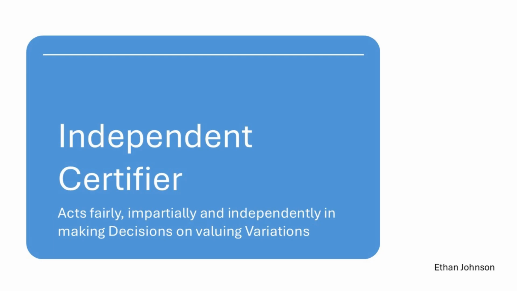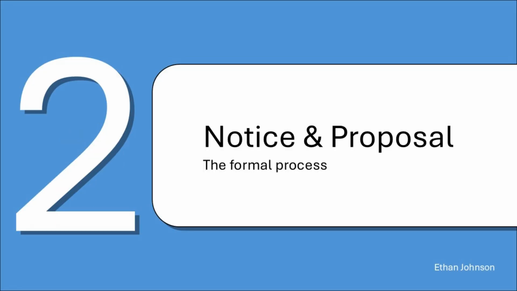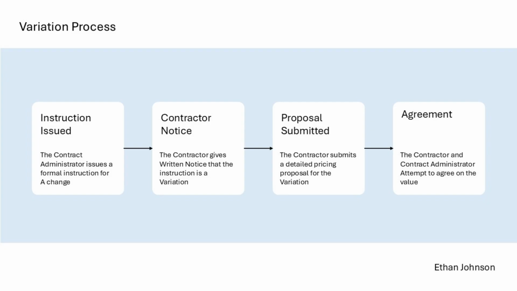So, we know who the players are. Let's move on to the first actual step in the process. When a change happens, you can't just start pricing it up on the back of an envelope. NZS 3910 demands a formal paper trail. Here's how it unfolds. It all starts when the contract administrator issues an instruction.